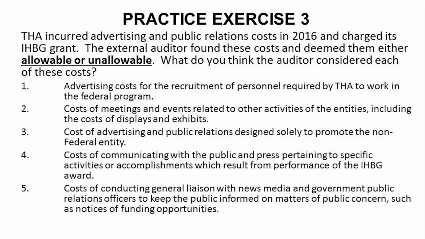So we'll go through each one and you can see what you think. So first one, advertising costs for the recruitment of personnel required by THA to work in the federal program.